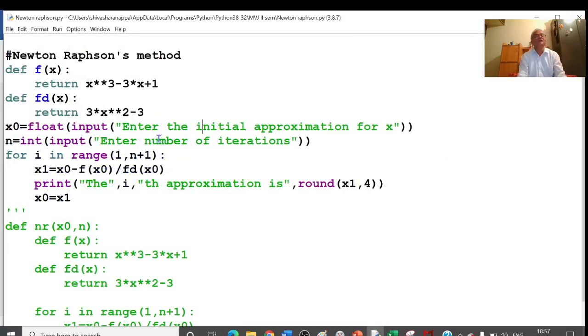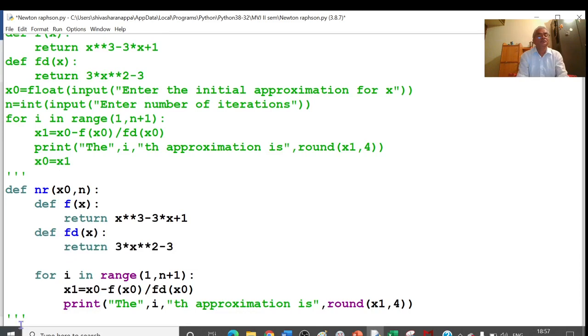Similarly, by defining the name of the function, we can also find the roots. Here I'll make this a comment block and close it here, and I have to change x naught equal to x1. I am defining a function here. I have given the name nr, for Newton-Raphson.